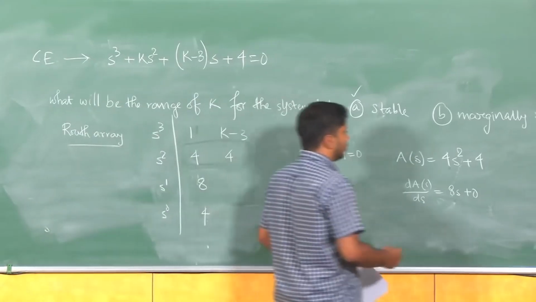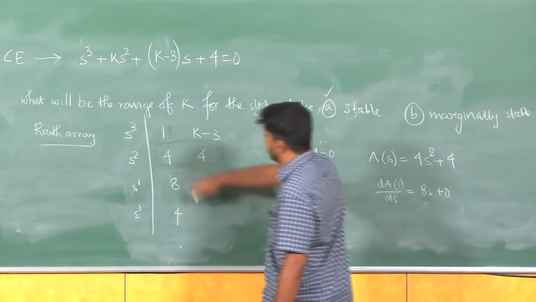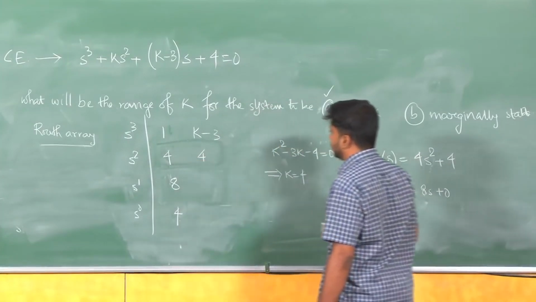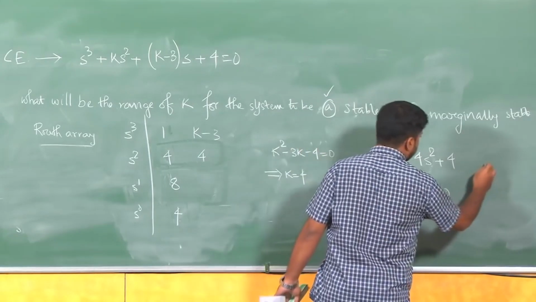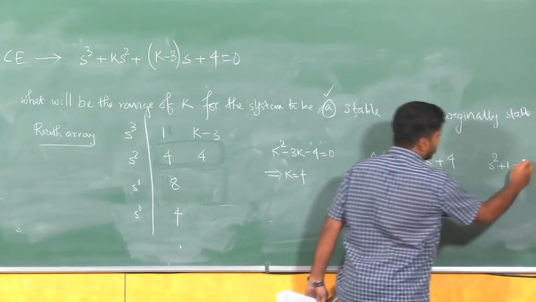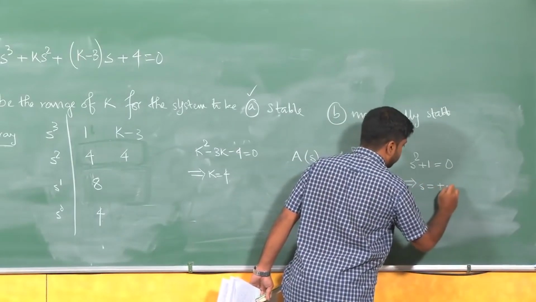Now, we find that all the elements of the first column are of the same sign. So, there are no roots in the right half plane, and the roots of the auxiliary equation, s square plus 1 equal to 0 taking 4 common, are s equal to plus minus j1.